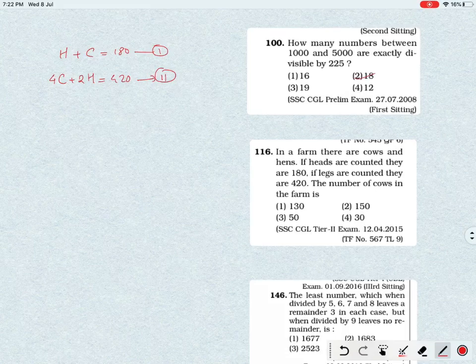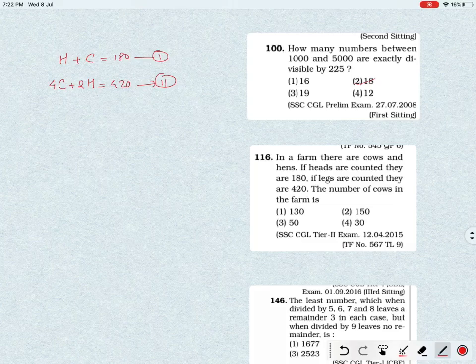It's pretty simple, but it is a tier 2 question, remember that. So h plus c, what will you do here? You can write 2c plus h is equal to 210. I have divided this by 2.